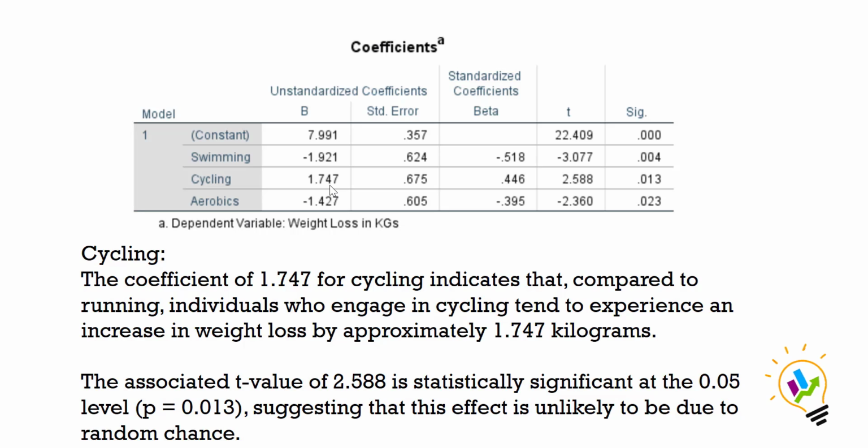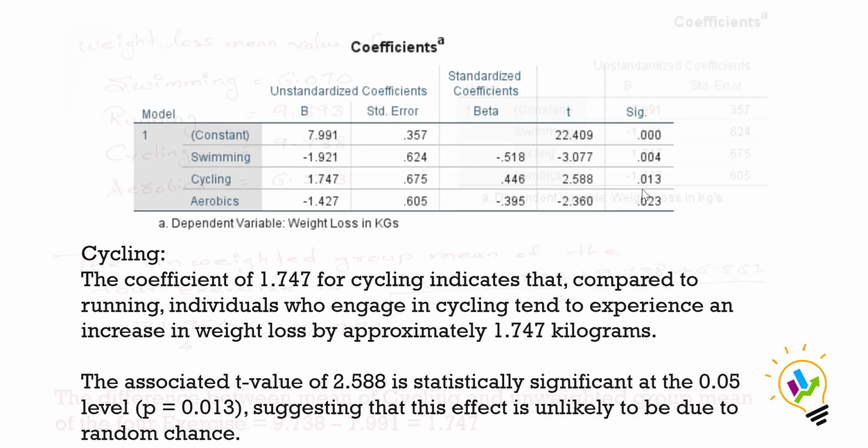It means a person who is cycling will lose weight more by 1.747 kilograms than by running. A person who is running will have less weight loss, a person who is cycling will have more weight loss, and this is significant. The significant value is 0.013, which is less than 0.05. So there is a significant difference between cycling and running.